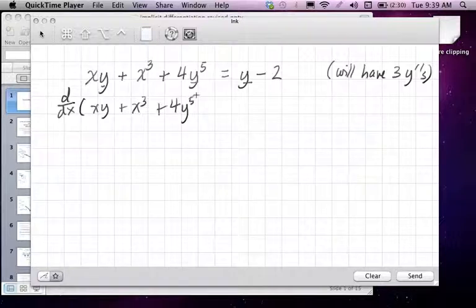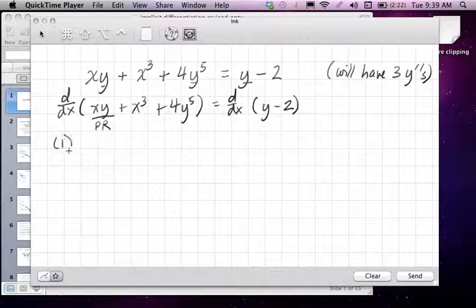The derivative of 4y to the fifth, and then take the derivative with respect to x of this side. All right. So now to find the derivative of this first one, notice it's x times y. I need to use product rule. The derivative of x times y is the derivative of the first, so the derivative of x is 1. Don't change the second. Now we'll do the derivative of the second, you'd leave the first one unchanged.